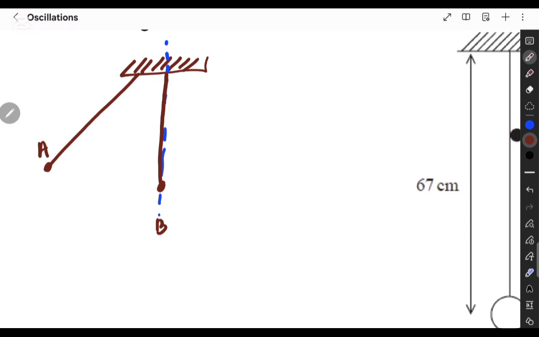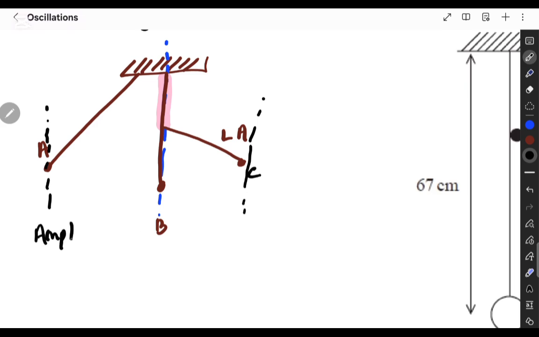After this point, the upper area is stopped and the lower area, which is this area, will move forward. So the lower length of the thread moves forward to a point C. Both point A and point C are the amplitude, or the maximum displacement positions.